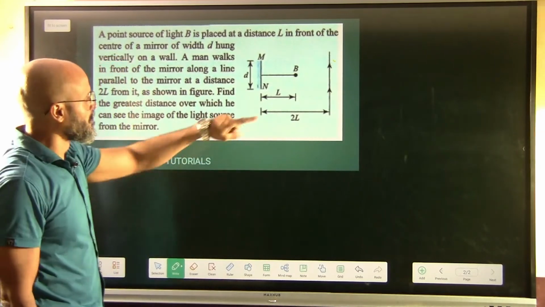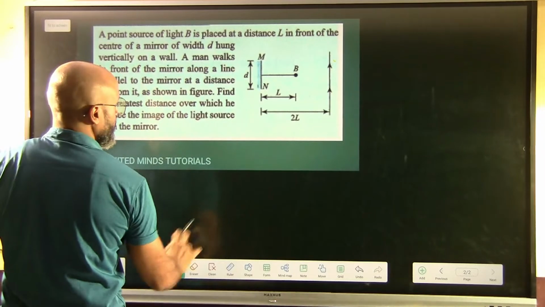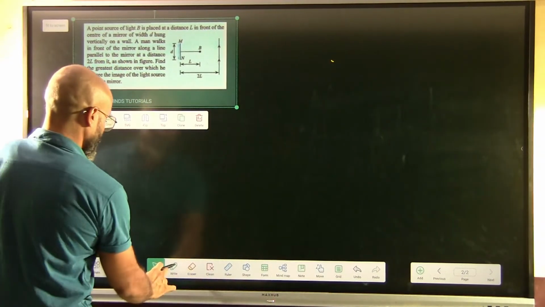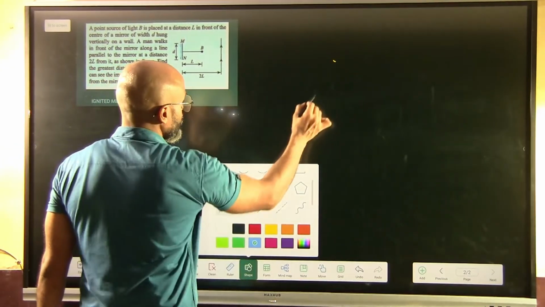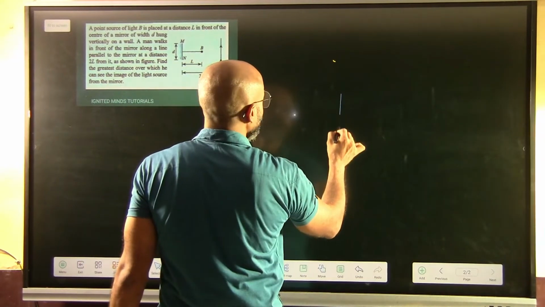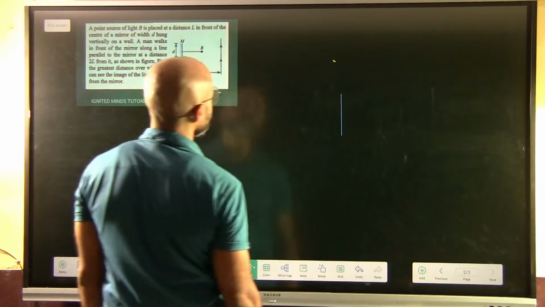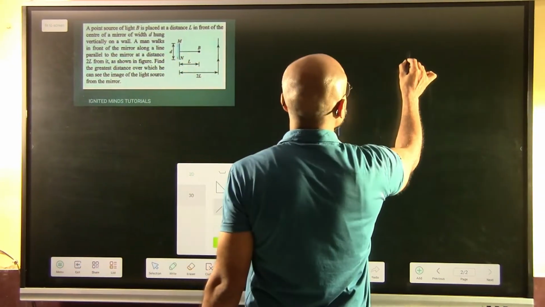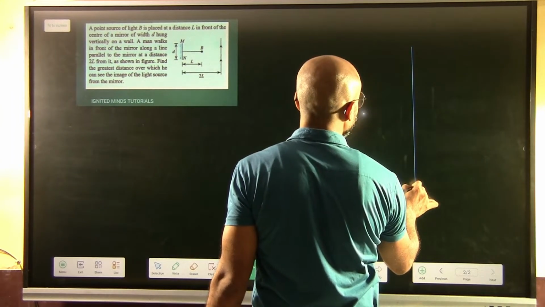Now the man is traveling from here to here. Let's make a ray diagram so that we have a proper visualization of the concept. Here we have this mirror, MN, and the man is walking along a line parallel to the mirror.